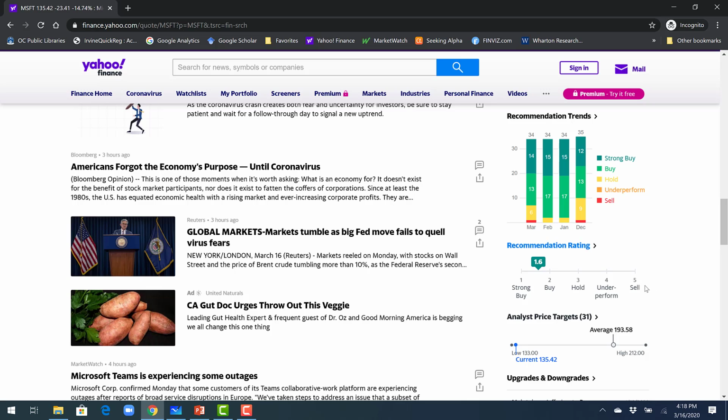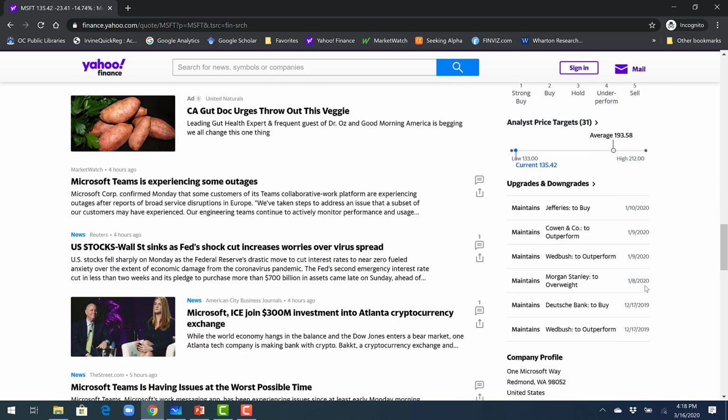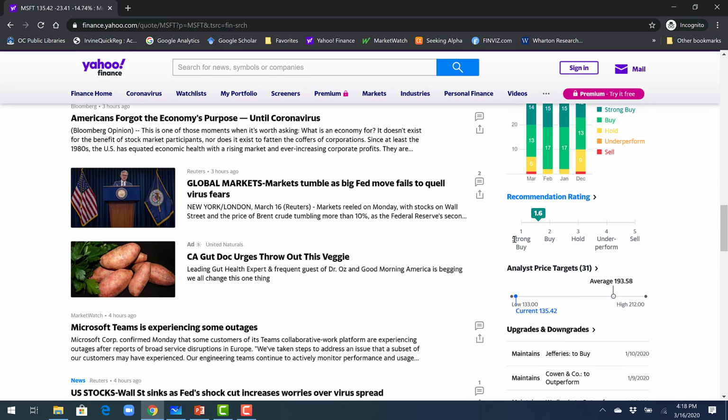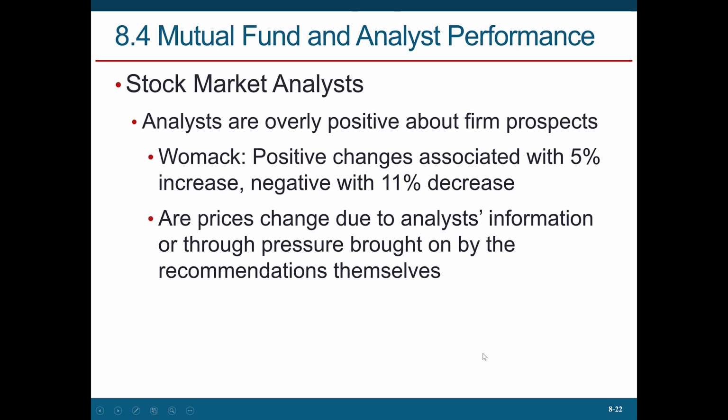So then the next thing that we can look at is how well do upgrades and downgrades perform, right? So the level of recommendations themselves are not very useful, but what about changes in recommendations? So here the strategy that we can think of is that I'm going to buy the stocks that are upgraded, and I'm going to sell the stocks that are downgraded, or short sell the stocks that are downgraded.